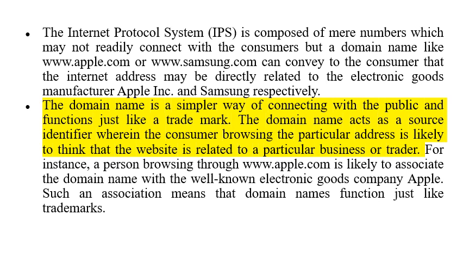So they convey to the customer that internet addresses may be directly related to the goods that are supplied by the particular entity, right? For example, electronic goods that are supplied by manufacturers Apple Incorporation and Samsung, right?